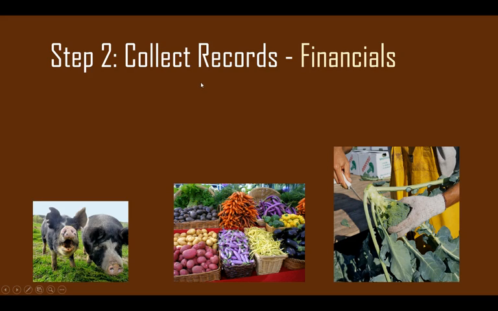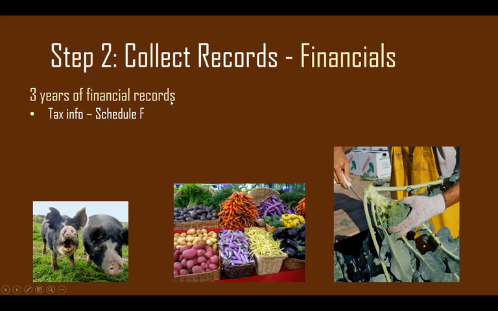Okay, your next step is to collect records, and these are financial records. You need to be able to show 3 years of financial records. So in our personal case, when my husband and I applied for our farm ownership loan, we had 3 years of the Schedule F that we were able to give to our loan officer from our farm operations.